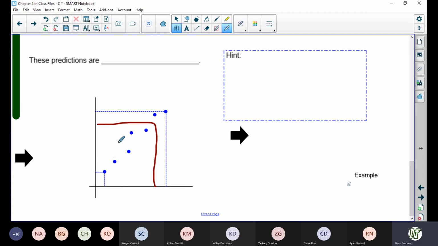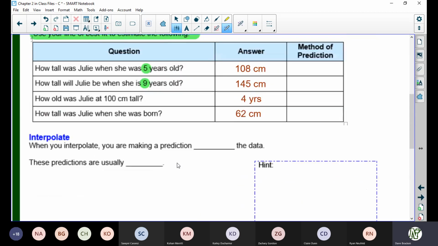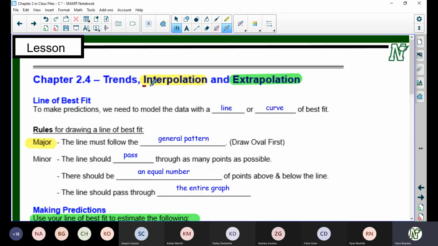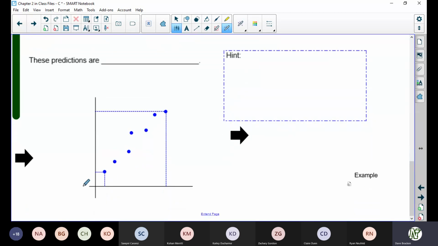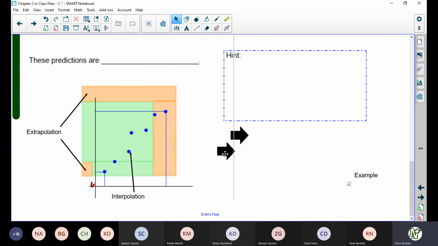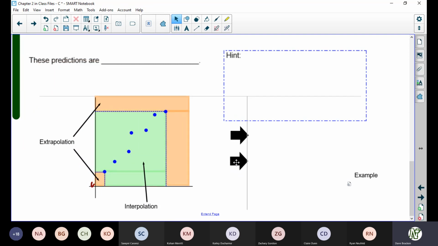Anywhere inside the dots is interpolation. Inside the dots, interpolation. Inside. But as soon as you go outside, then what's going to happen is you are going to have extrapolation. Exterior is how I remembered it.